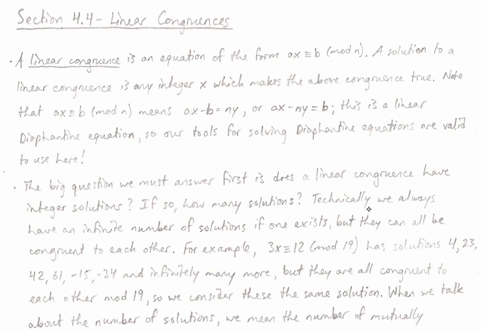we know that in terms of divisibility, that means that ax minus b has to equal n times some whole number y. Now, if I switch places of the b and the ny, I get ax minus ny is equal to b. Looking at this in terms of x and y, what we actually have here is a linear Diophantine equation.